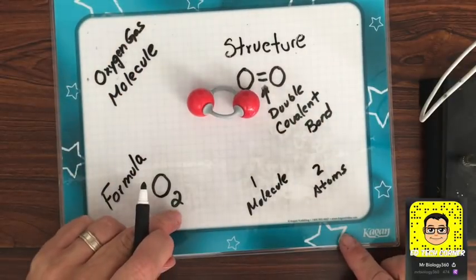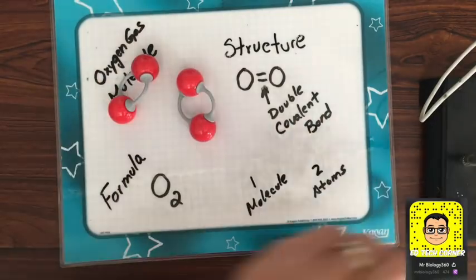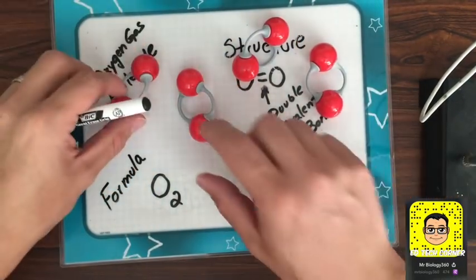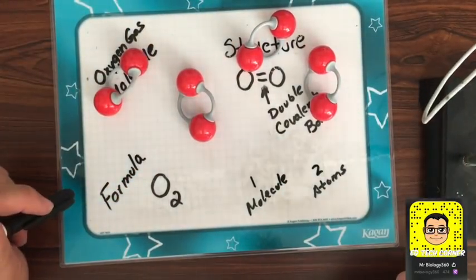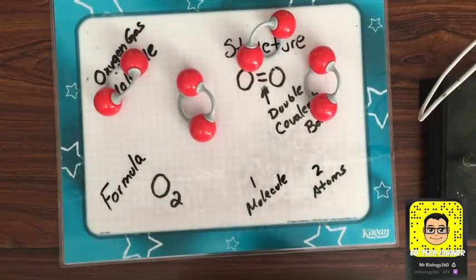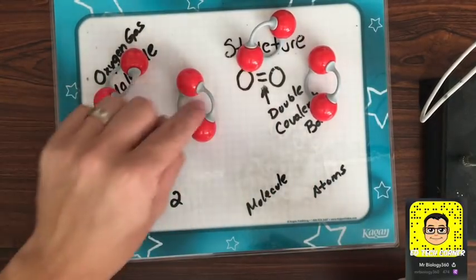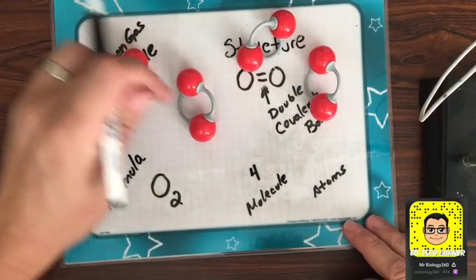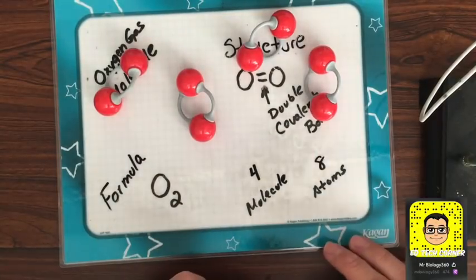But what if I have 4 of them? This is what oxygen gas looks like in the air. All these little molecules are in the air and you're breathing these molecules in. So now how does this change? Now we have 1, 2, 3, 4 molecules. All together we have 2, 4, 6, 8 atoms. But that's not how we're going to write it.